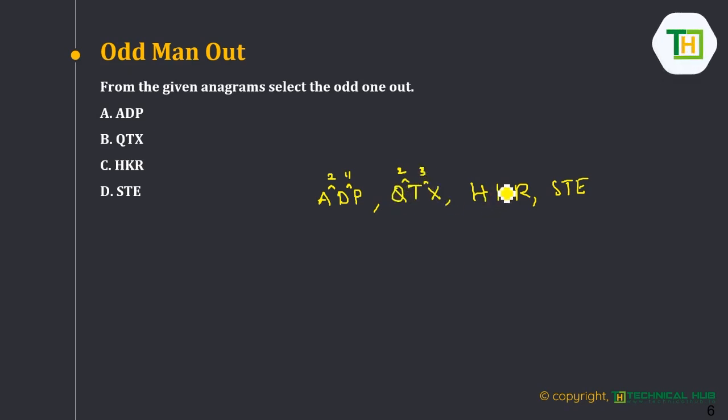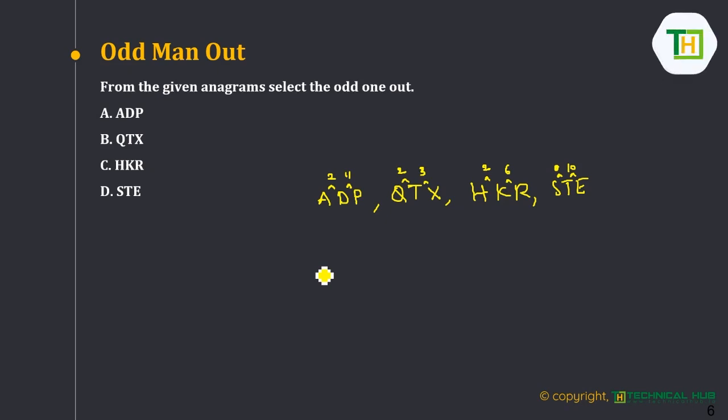Next HK, again 2 letters, I and J, and coming to K and R, this is 11 and this is 18, so I have 6 letters. For STE, these are consecutive letters, 0 is there, and the number of letters in between the next two is 10. So by using the gap rule, I cannot identify any logic here. That's why the gap rule is not correct.